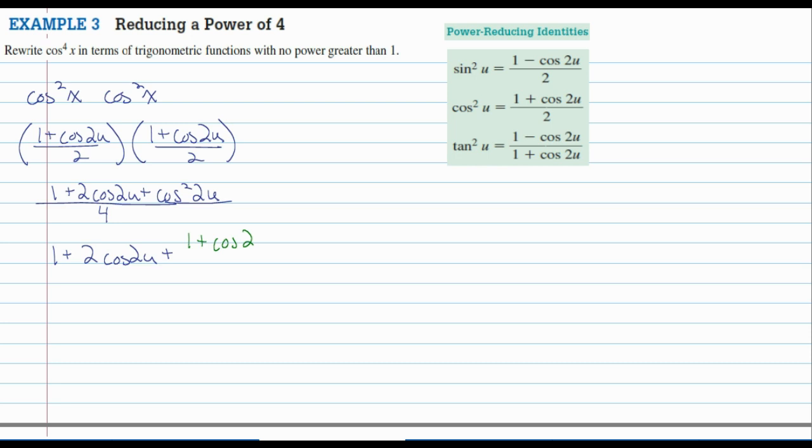So u is now 2u. I know that's a little bit confusing, but I took the cosine squared of 2u, so it's going to be 4u when I plug it into the numerator.